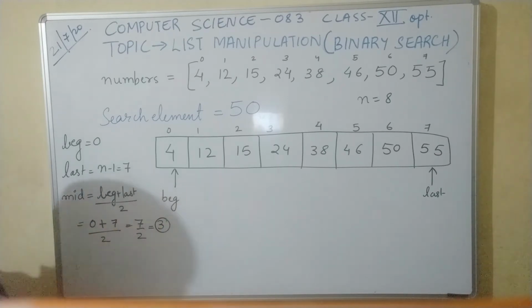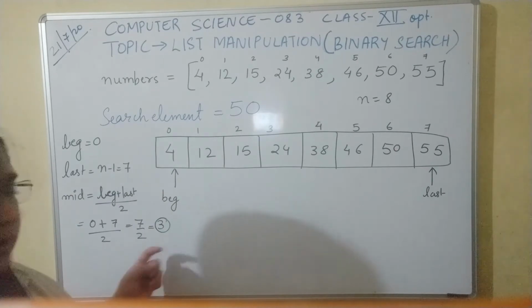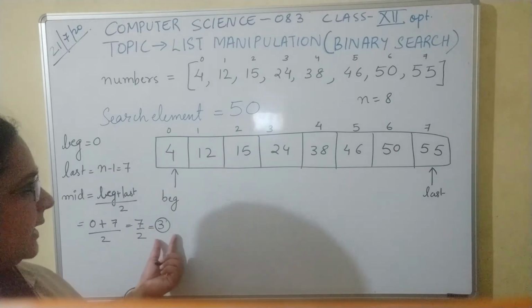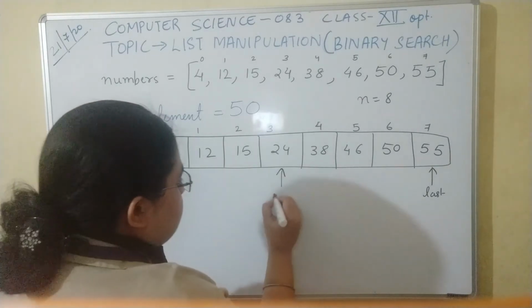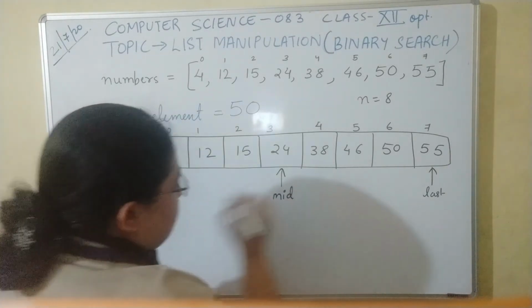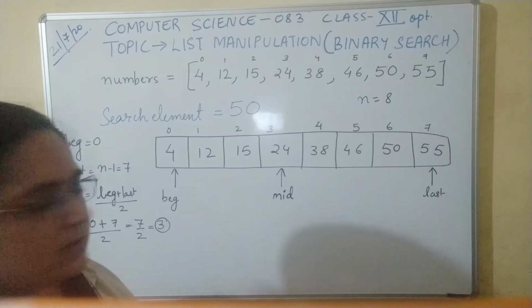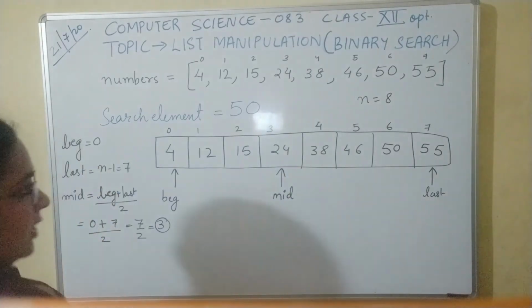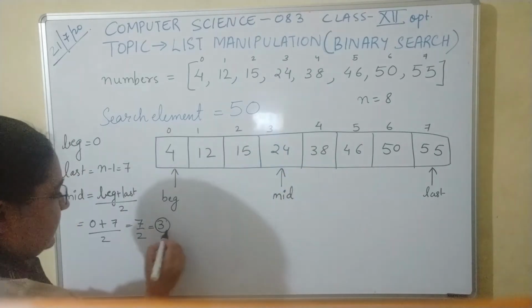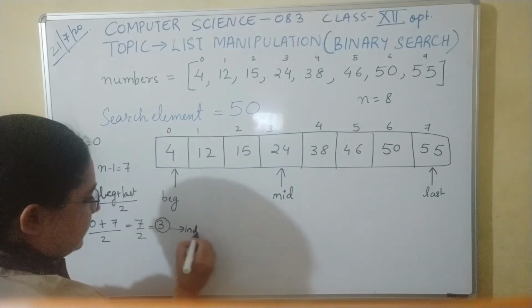So we get the midpoint as 3. 2 3s are 6, and so we get the midpoint as 3. That is, this has been calculated as mid. Sorry, mid is 3 because this 3 refers only to the index.